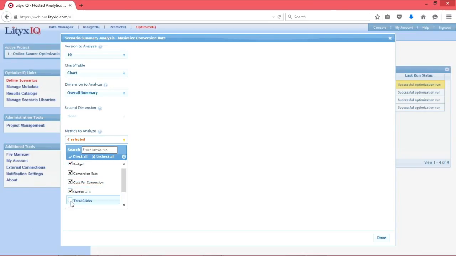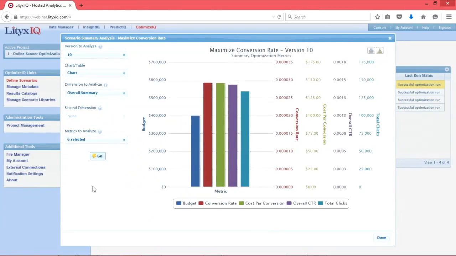So I pick a few of these. What this is telling me is that if I follow the recommended optimal media plan that will maximize conversion rate, these are some of the metrics I'd expect to see if that plan were implemented.